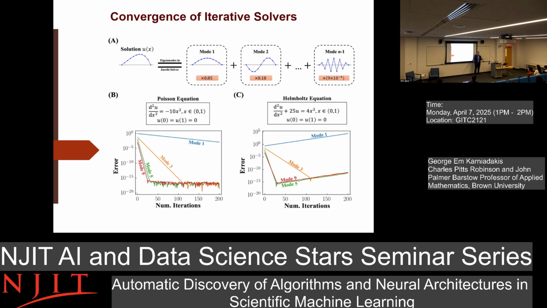But the troublemakers are the low modes. In fact, if you change the equation a little bit, the Helmholtz equation, you can see mode 1 diverges. That will pull back the convergence. So it's a non-uniform convergence. Even in this very simple example, you can see that you cannot solve it with these methods, although they've been around and we still use them.